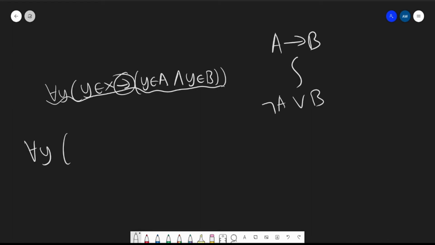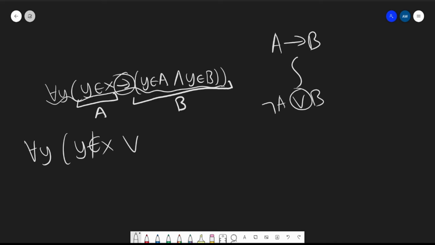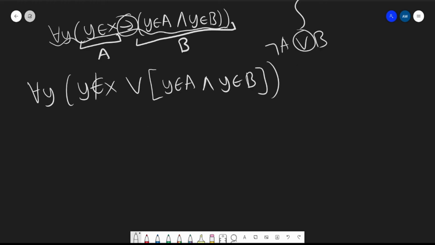So in this case, this thing over here is A, and this thing over here is B. So not A means just y is not a part of x. And we have the OR statement, and then we also have B, which is just y is an element of A and y is an element of B. Now we're going to use a lemma here.